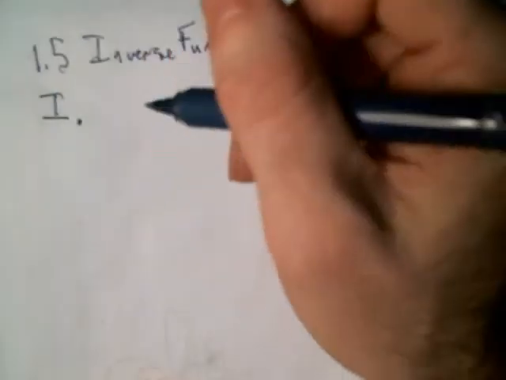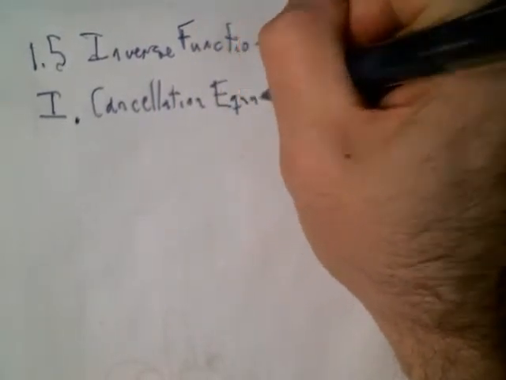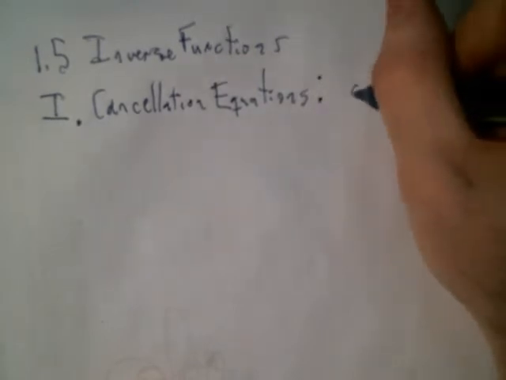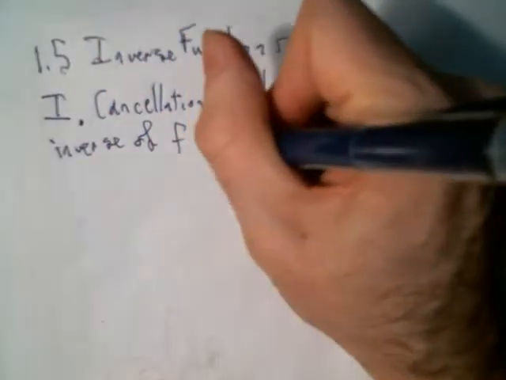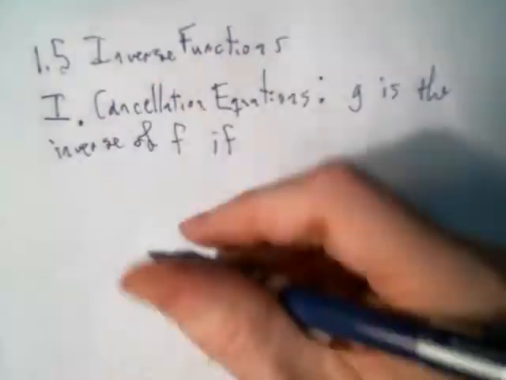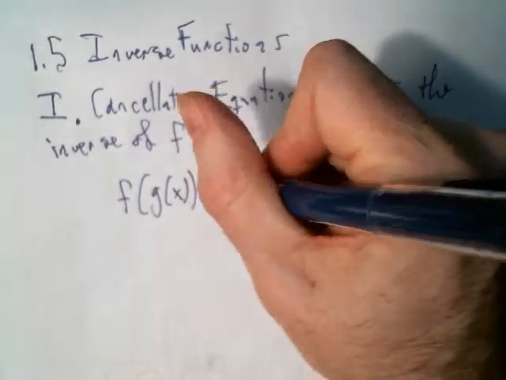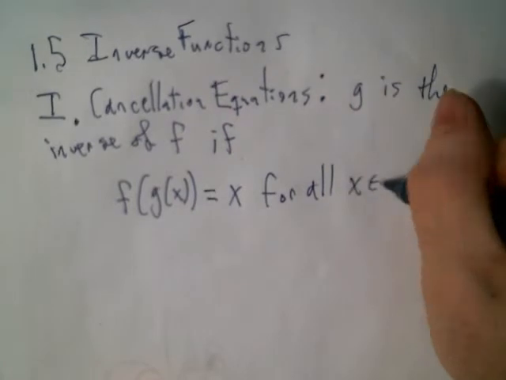So in section 1 here, we define the inverse functions with these things called the cancellation equations. We say g is the inverse of f if, when you do a composition of the functions, f of g of x, you end up with x for all x in the domain of g.